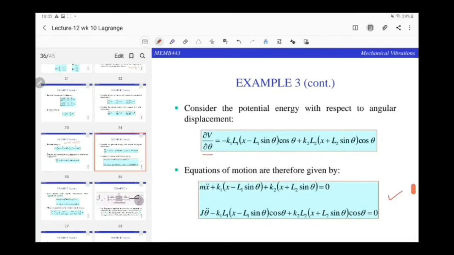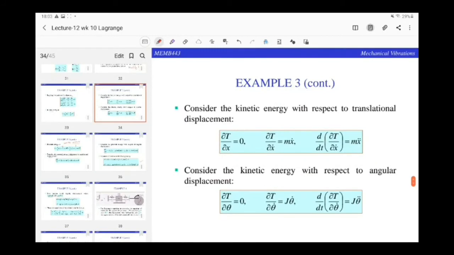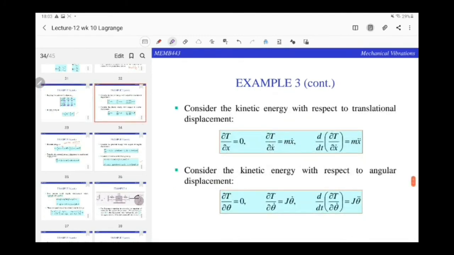So if you substitute into your list of equations, you have just your T expression. So you substitute into these two. One, you have to differentiate with respect to x dot and x. Another equation is with respect to theta dot and theta. So that's what we do here.